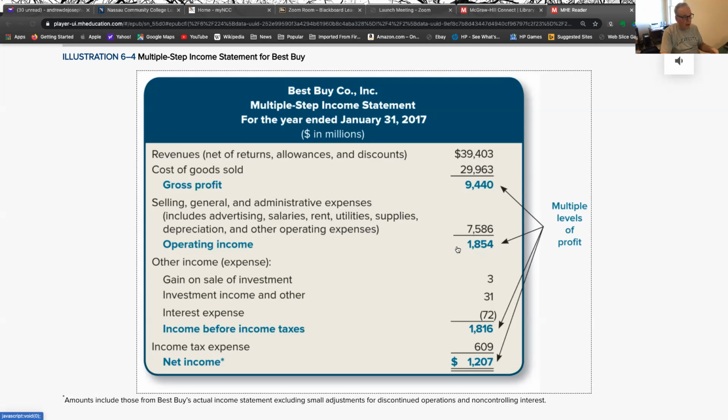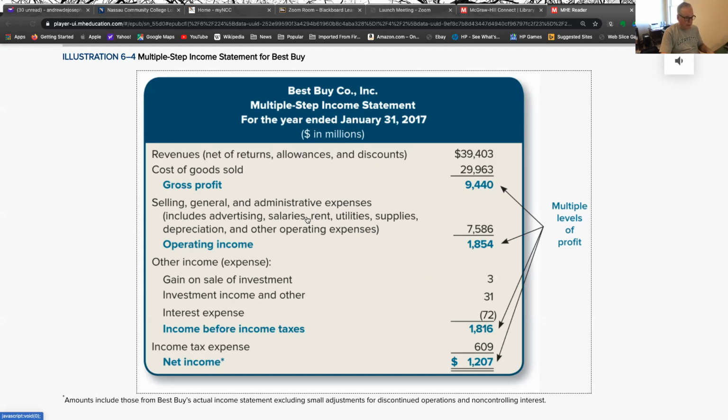And this is Best Buy. What is Best Buy in business to do? They buy electronic stuff, right? And then they sell that stuff. This is how much profit they made doing that. Now, sometimes they have other income and other expenses that have nothing to do with what took place up here.